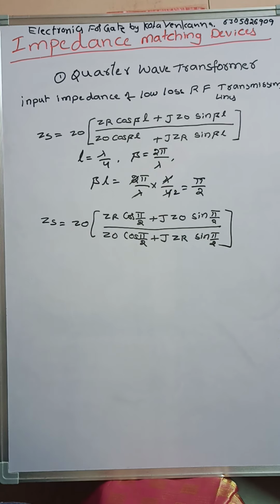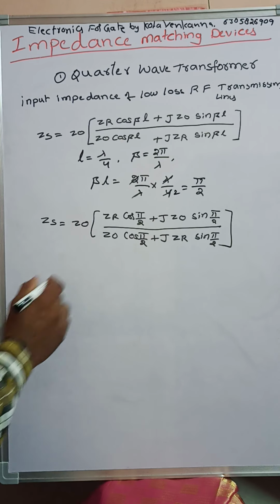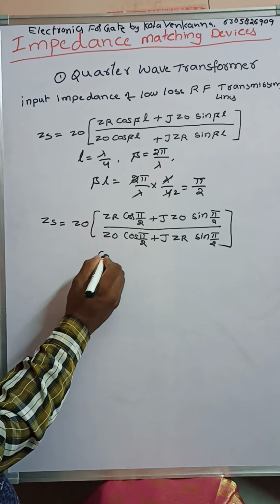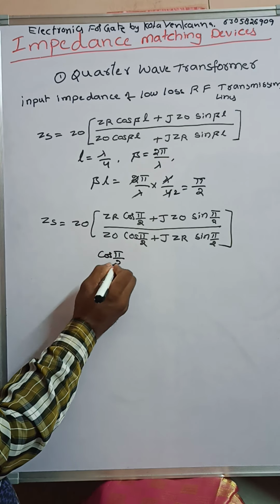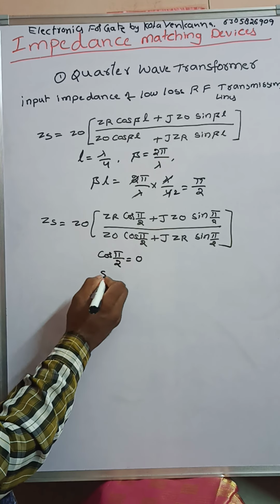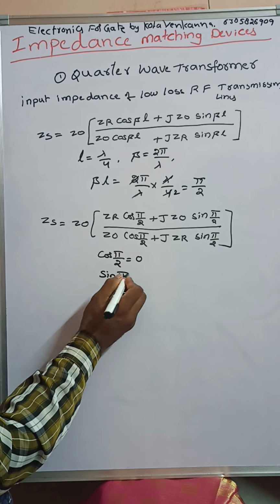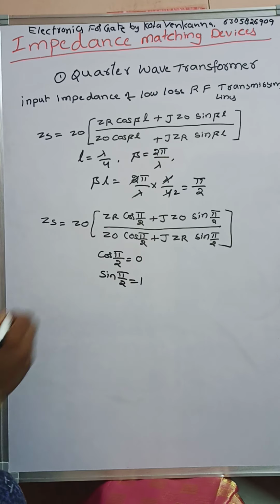Here cos pi by 2 is equal to 0 and sin pi by 2 is equal to 1.